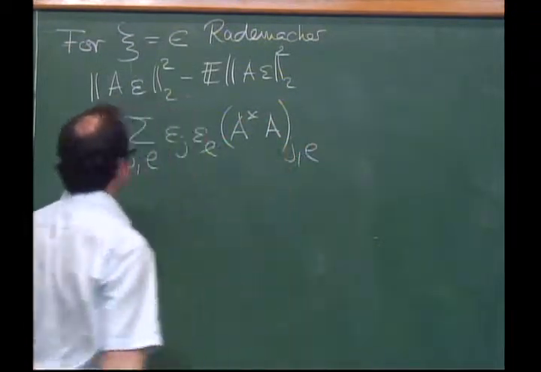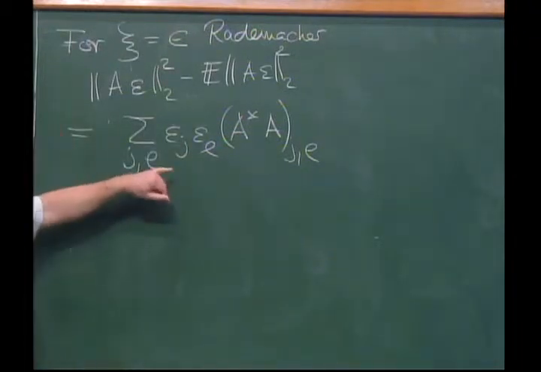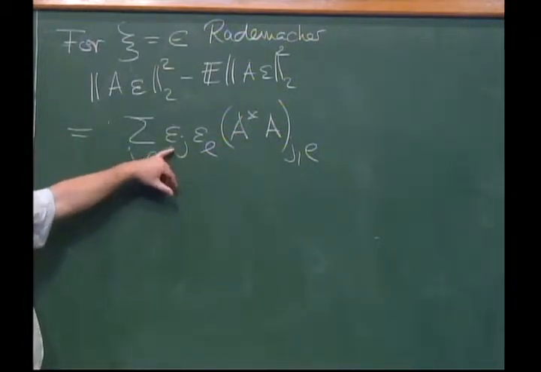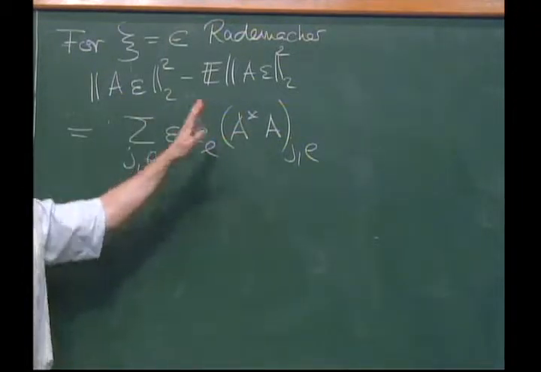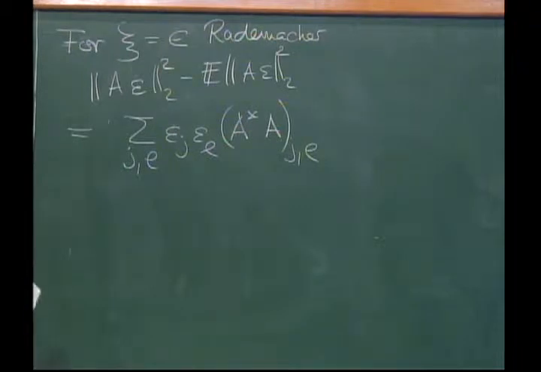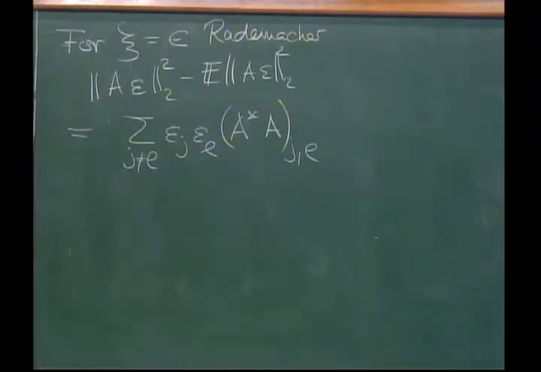Now if we subtract the trace, in the Rademacher case, if j equals l, this is just +1, so we actually get the trace. So we get a double sum where the diagonal terms are missing. Something like that is called a homogeneous chaos of order 2, and that's where the name chaos process comes from.